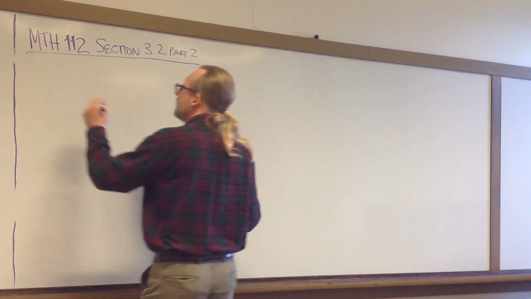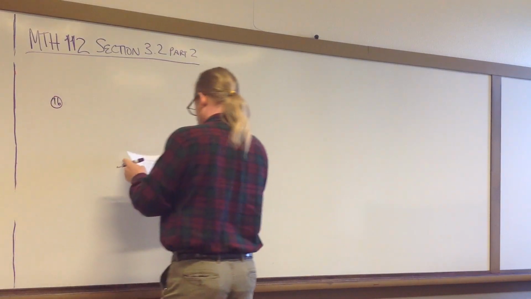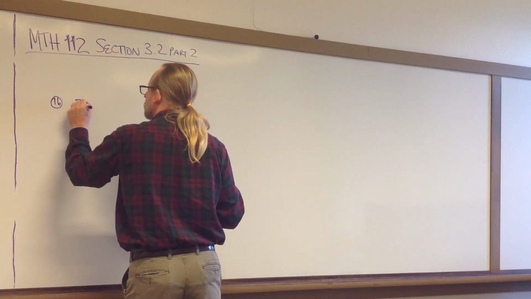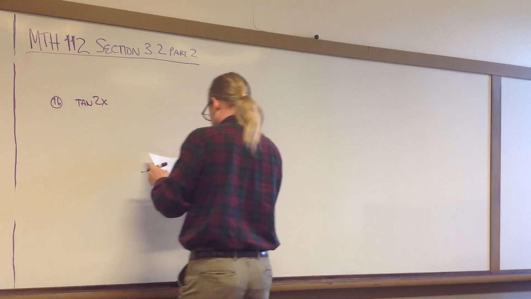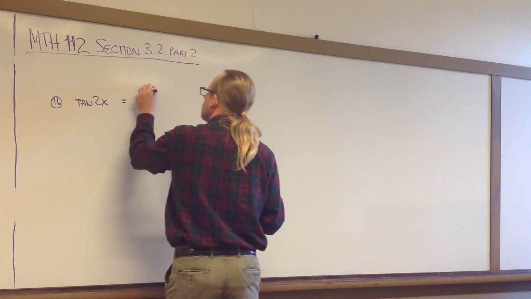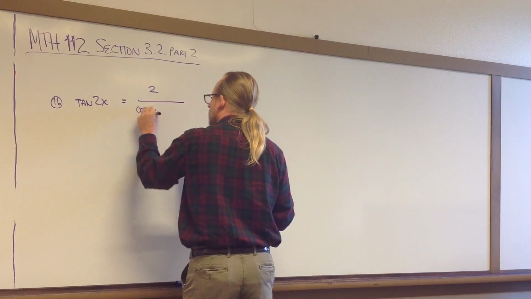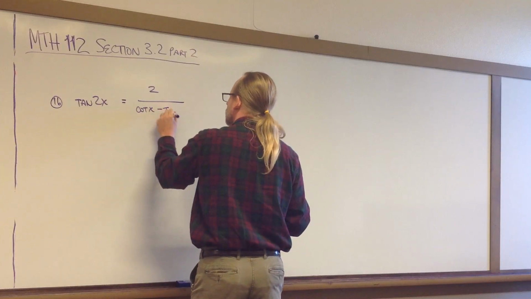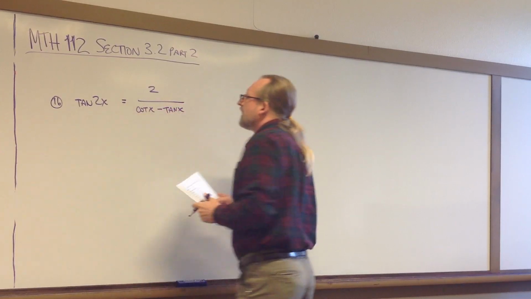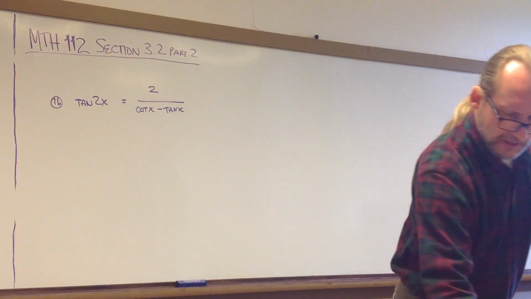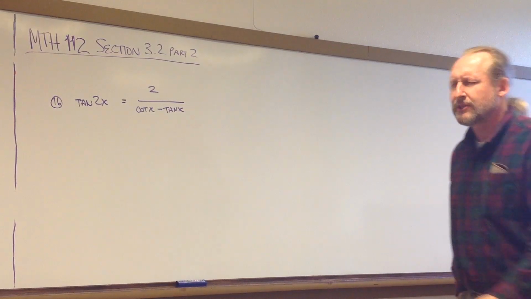Problem 16. Let's see. We've got the tangent of 2x equal to 2 over cotangent x minus tangent x. Now, I don't know if there's a standard identity for tangent 2x.